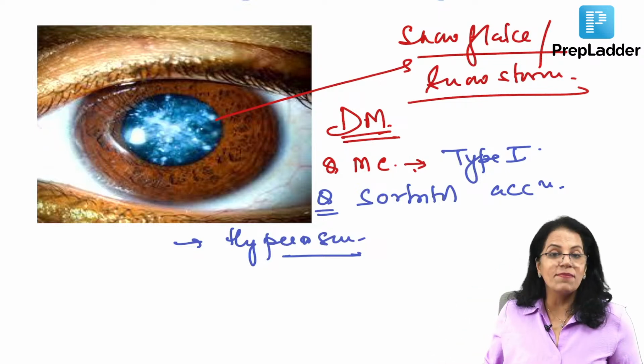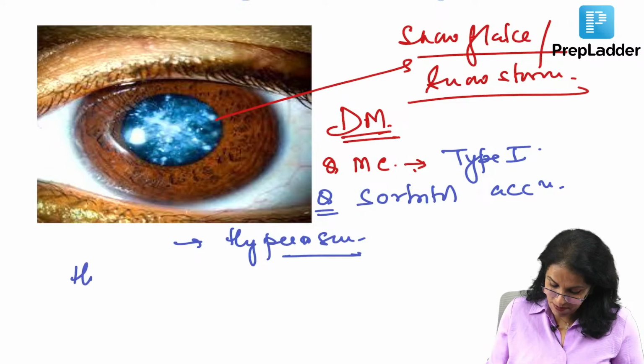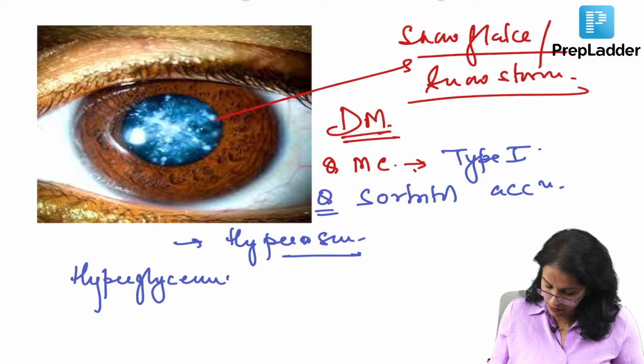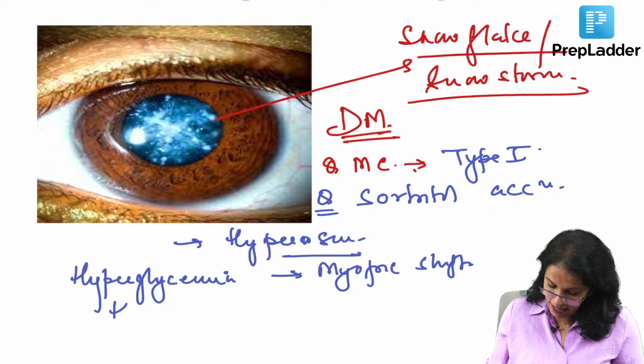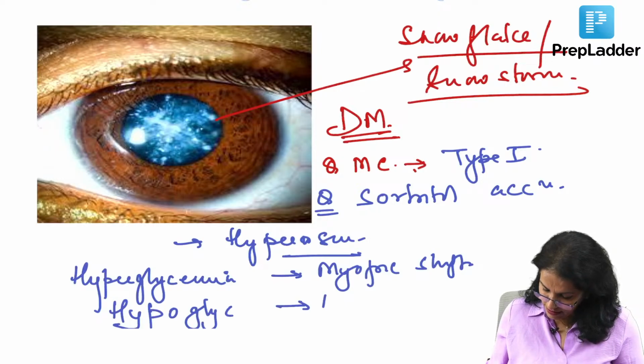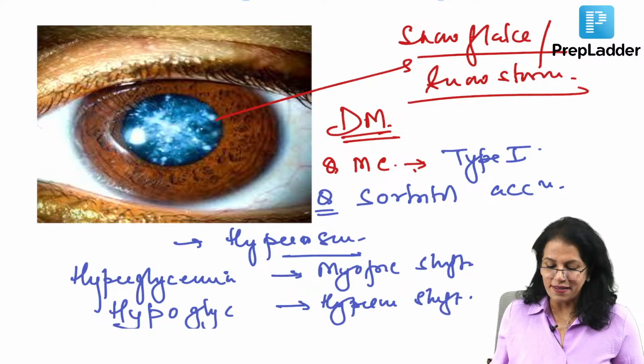Because in hyperglycemia there will be more swelling of the lens leading to myopic shift, and in hypoglycemia there will be hypermetropic shift. Is it clear? These are some important points to remember.